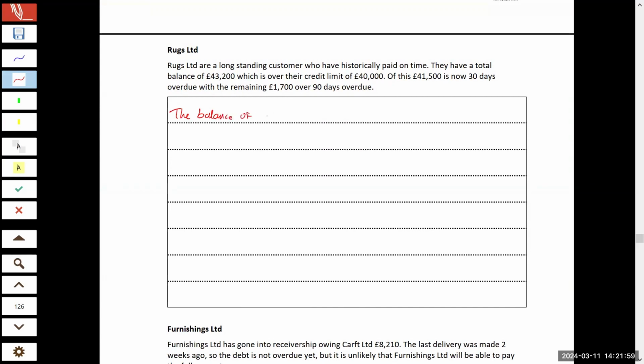Balance of the first bit. We will have chased this, won't we? That's what we're saying.